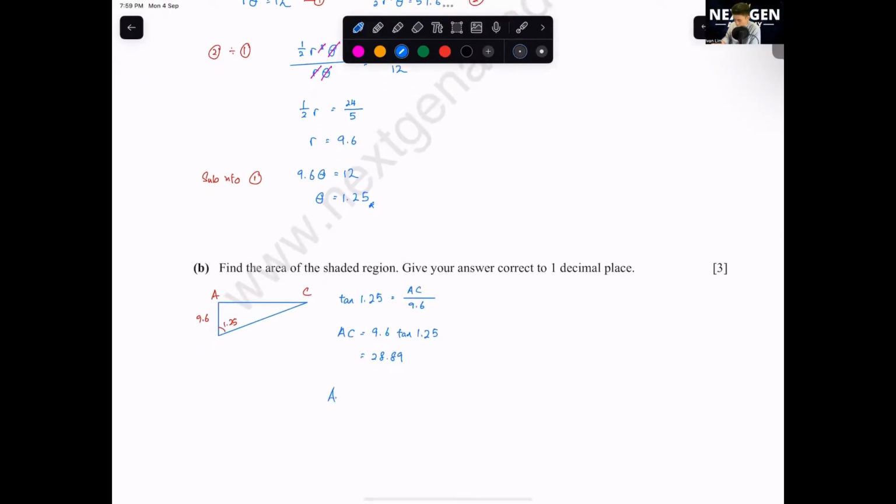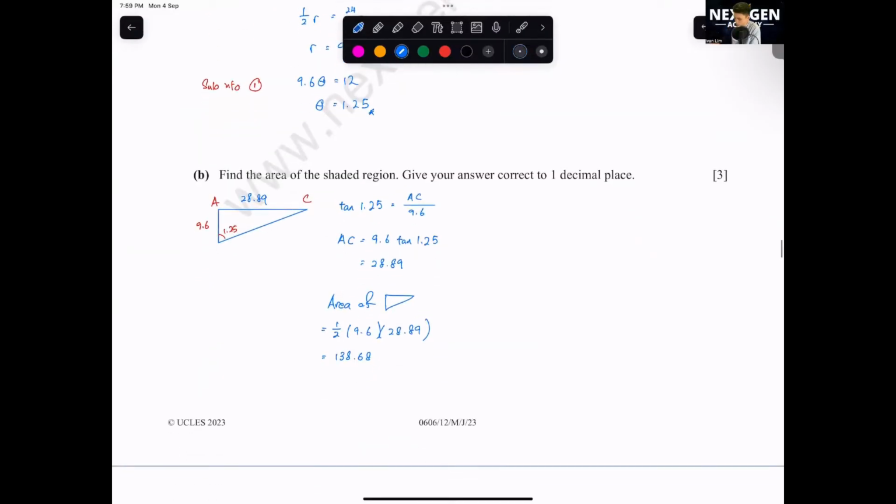Okay, so the area of the triangle will be 1 over 2 base times height. This one we found was 28.89, which is equals to 138.68. We just now already got the area of the sector that is given to us, which is 57.6.